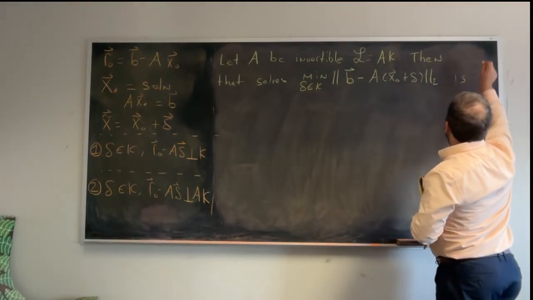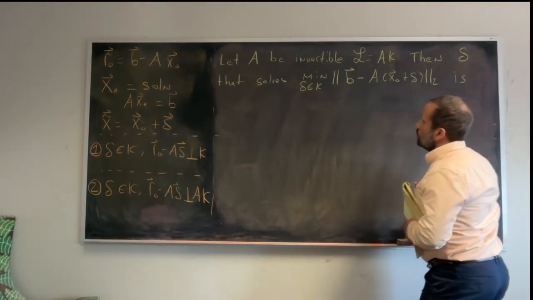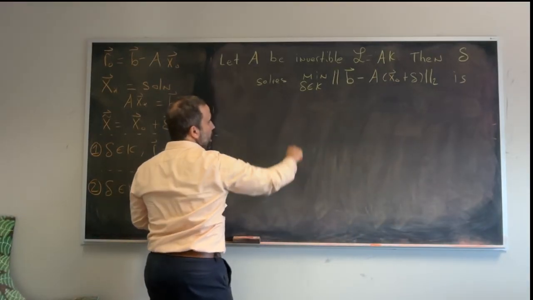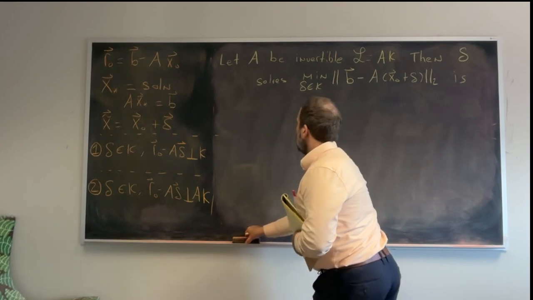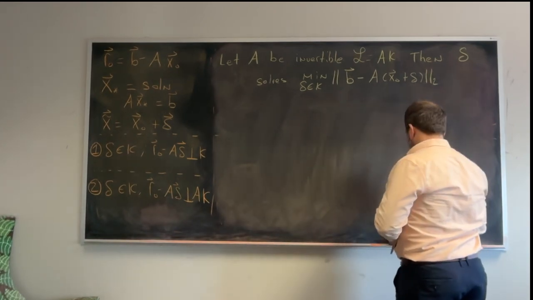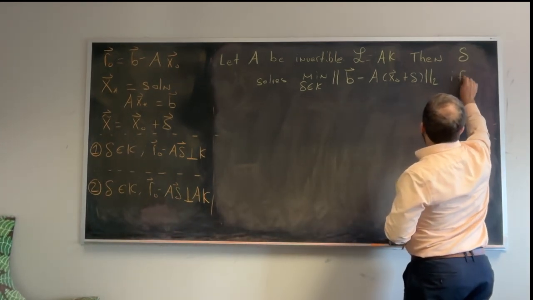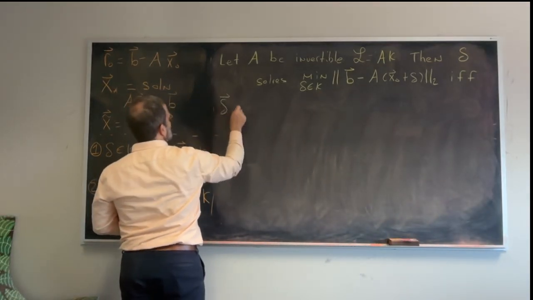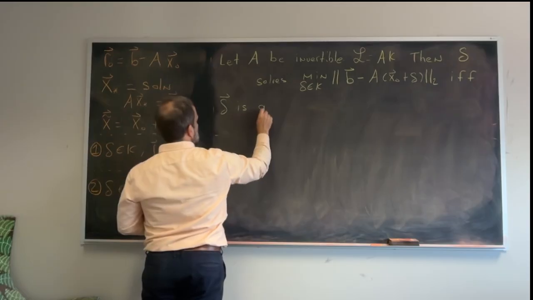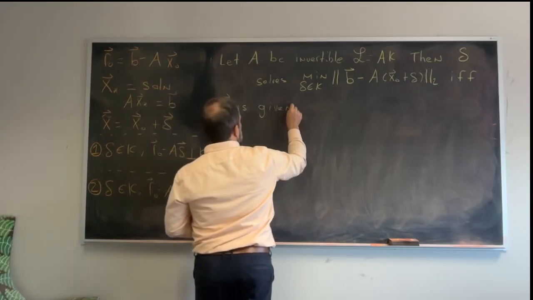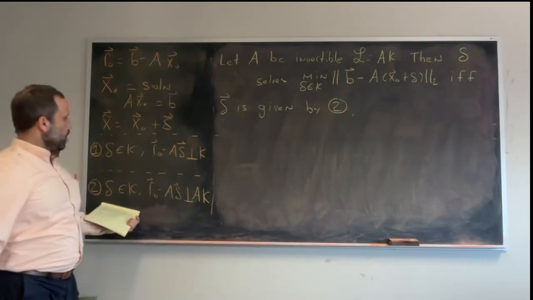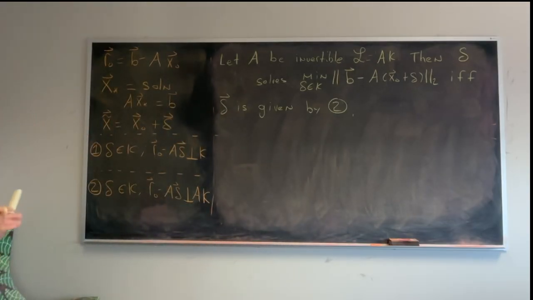Then delta is the minimizer of this if and only if delta is given by item 2 to the left over here. So R naught minus A delta is going to be orthogonal to AK.